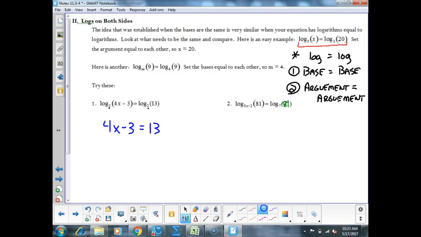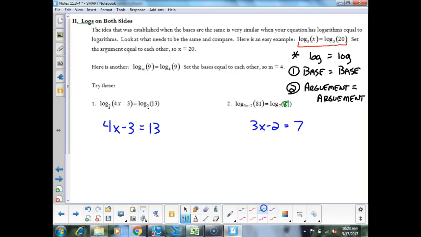So if I have equal arguments, then I have to have equal bases. Okay? So it works out either way how you do it. You either have condition number 1, then that gives you condition number 2, or you have condition number 2, that then gives you condition number 1.